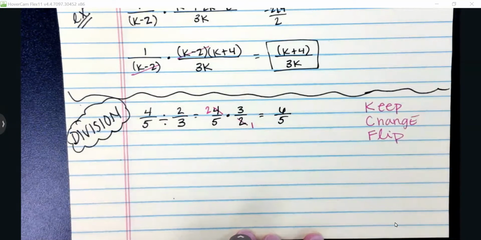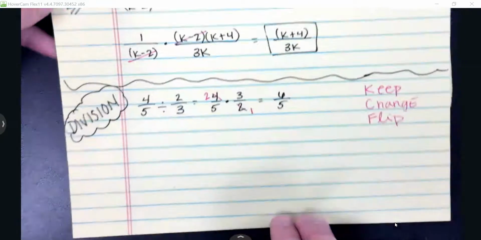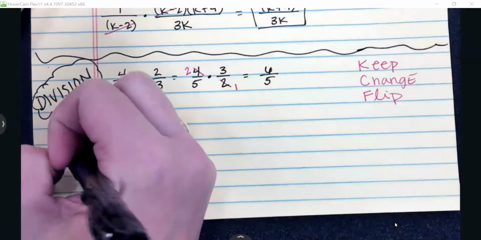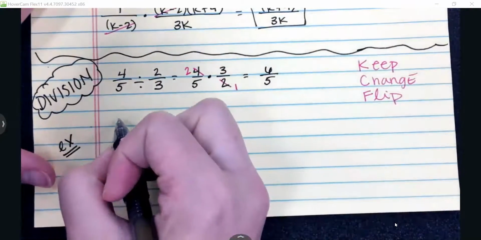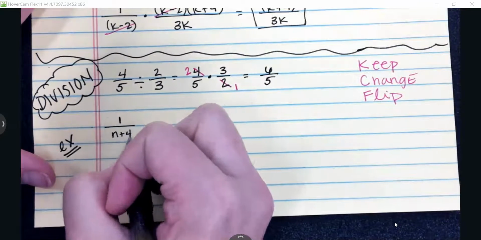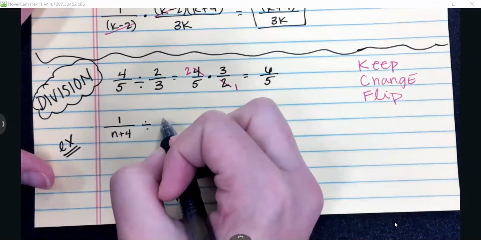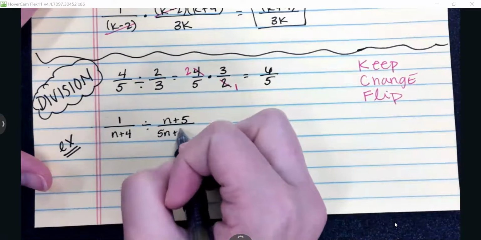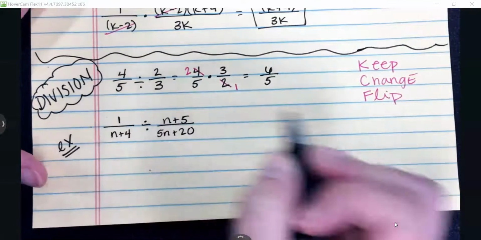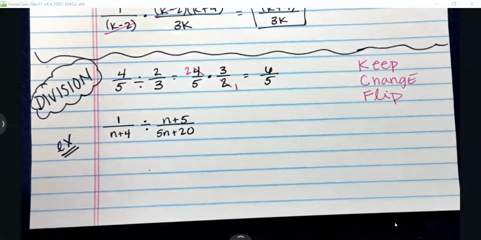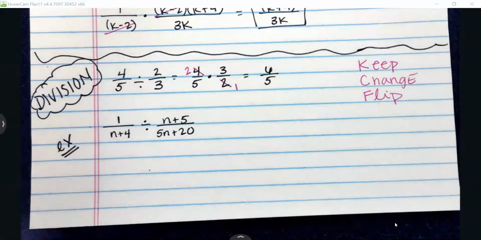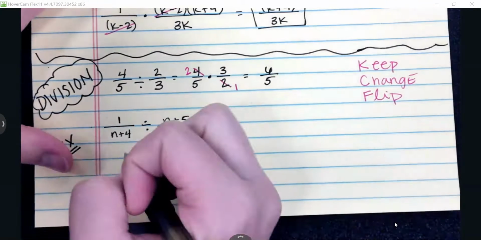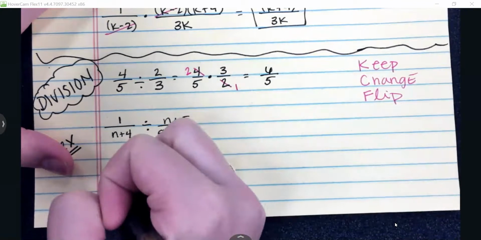We're going to go do 2 quick ones with rationals. 1 over n plus 4 divided by n plus 5 over 5n plus 20. Since this is a division problem, I'm going to keep, change, flip. So I'm going to keep my 1 over n plus 4.